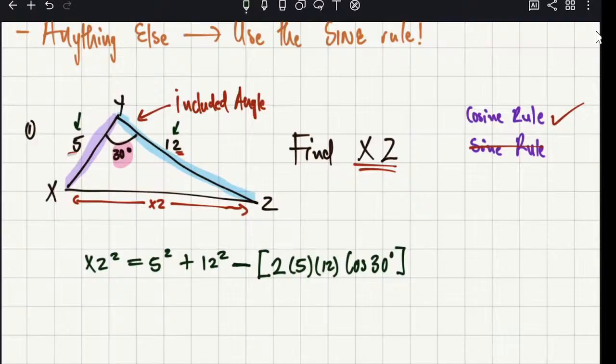So, can somebody first punch this and tell me what you get for xz squared? Can you punch it exactly as it is in the calculator and tell me?